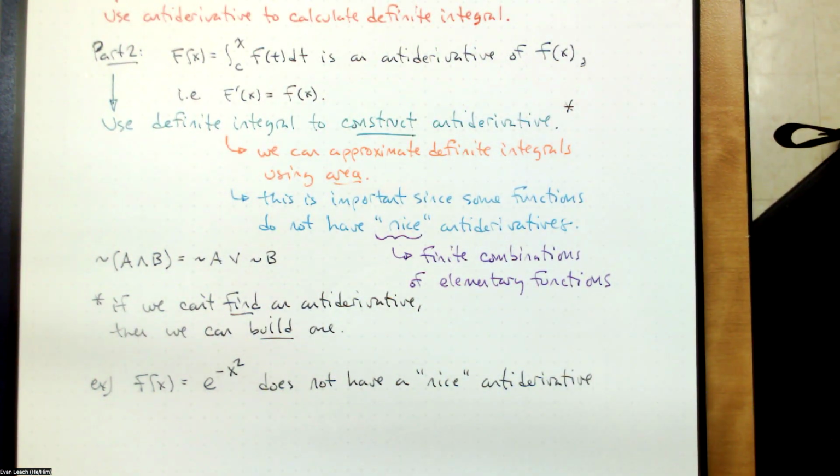E to the negative x squared does not have a nice antiderivative. We can't write a function where we take the derivative and come up with e to the negative x squared. We have to build one.